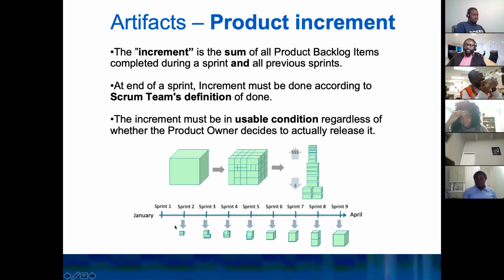So you should have something that you started with, and then you build it, you produce it, and then you add to whatever you had on sprint 1 and 2, and it gives you your product increment plus what you do for sprint 3, and it gives you your product increment for sprint 3. Once you're done with that, you have as an input of sprint 4 the product increment of sprint 3. And then you do the work for sprint 4, you add to it, and it gives you the product increment for sprint 4. And then as you're going through sprints, the product increment is getting bigger.